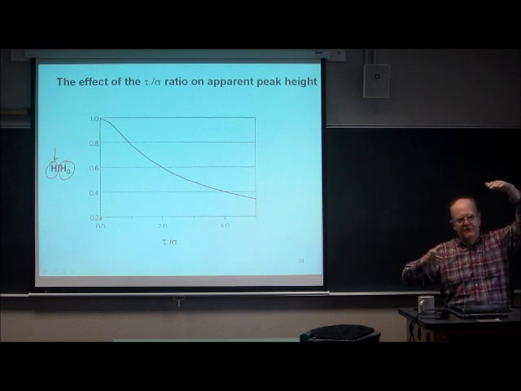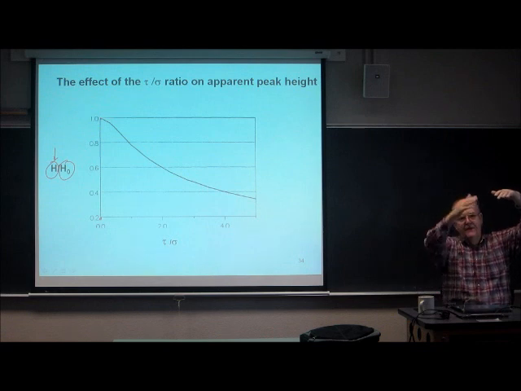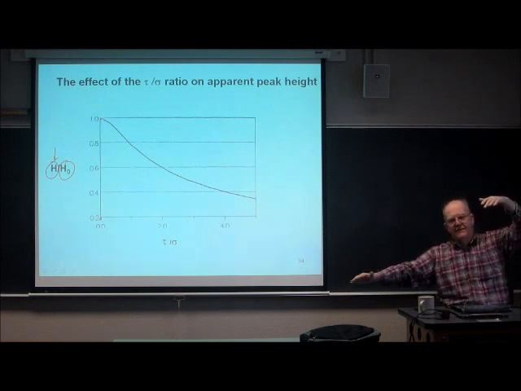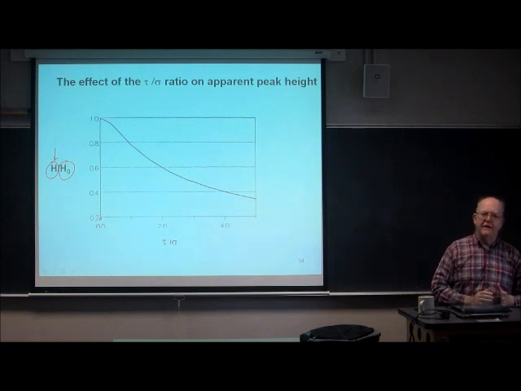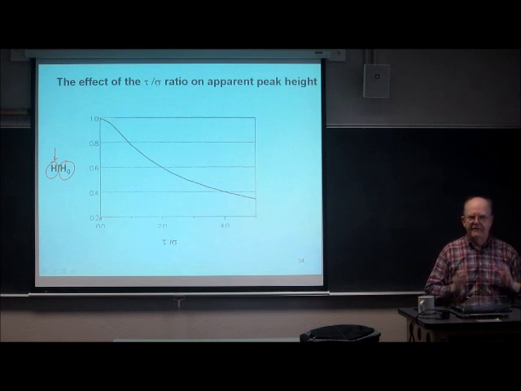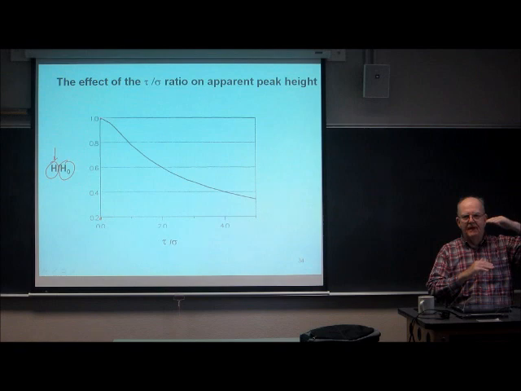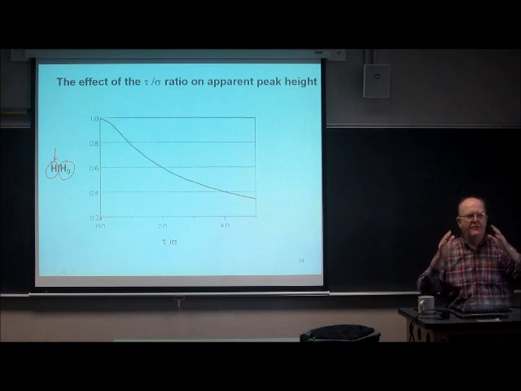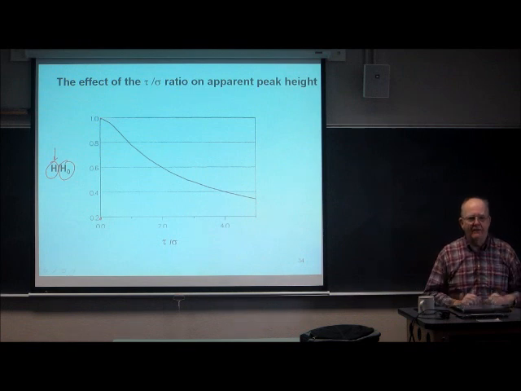But as you turn up the time constant of the filter, the height of the peak comes down and down and down. The area is the area is the area. So if the height comes down and the area is constant, then the peak has to get wider to maintain that area.